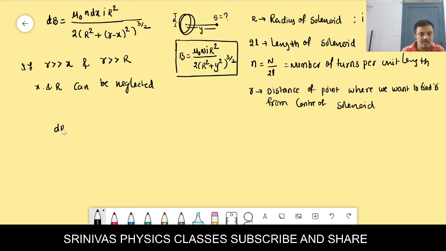dB is equal to, we write mu naught n dx I r square by 2 of, here I am comparing them. At that moment I will write capital R neglected, small r minus x also neglected when comparing with the remaining terms.